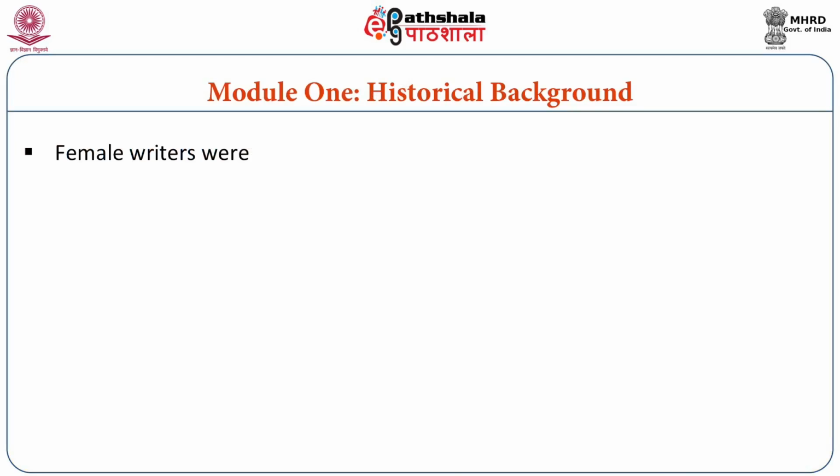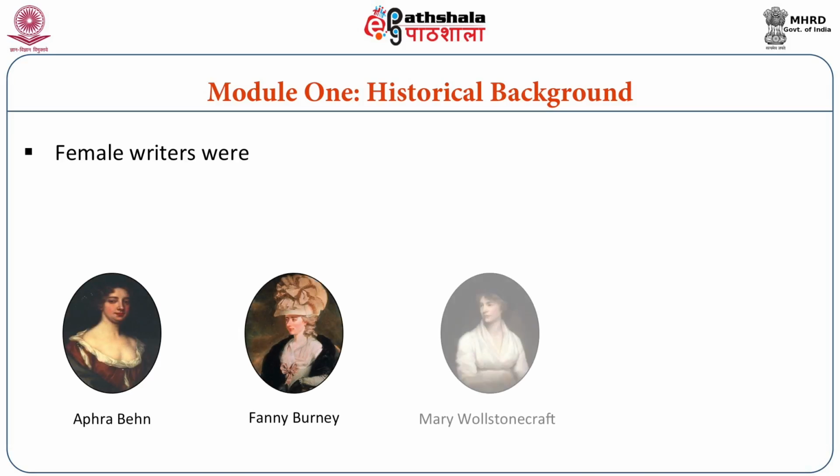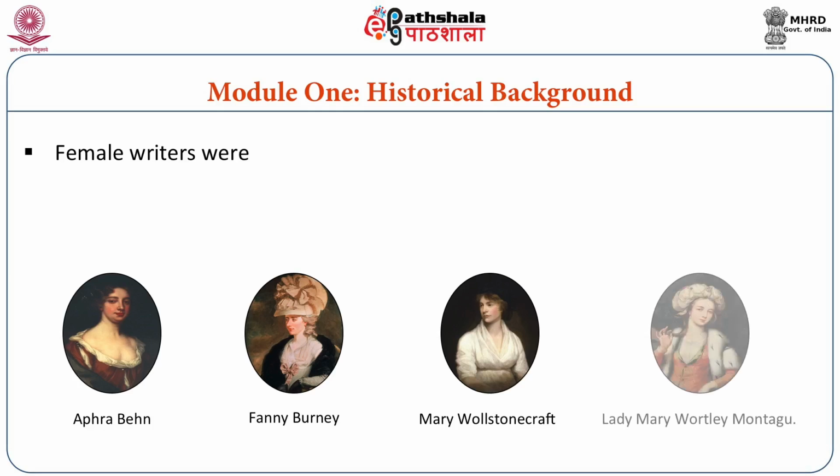It was not just men who were writing during this period, though they are of course the more acclaimed of the lot. Female writers during this period include Aphra Behn, who is the first woman to have made her living entirely by writing, Fanny Burney, Mary Wollstonecraft, who wrote A Vindication, one of the first and earliest feminist tracts of the time, Lady Mary Wortley Montagu, etc.